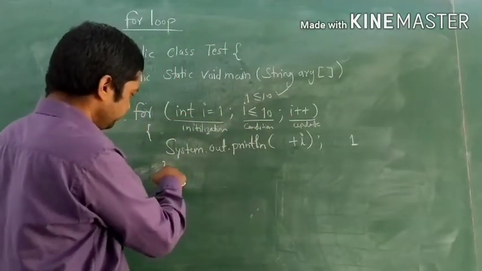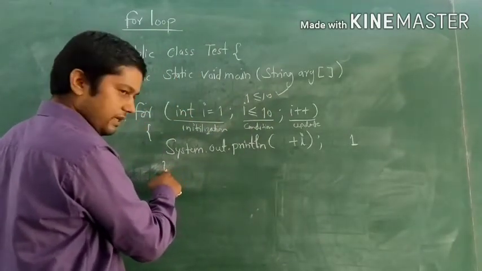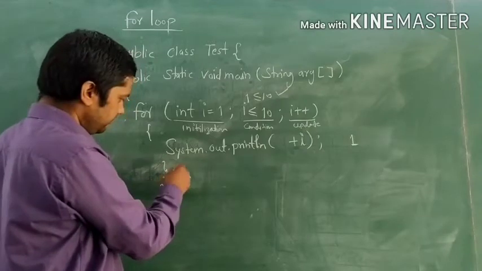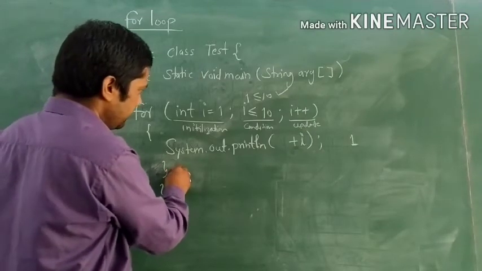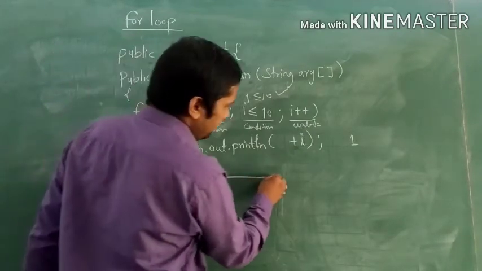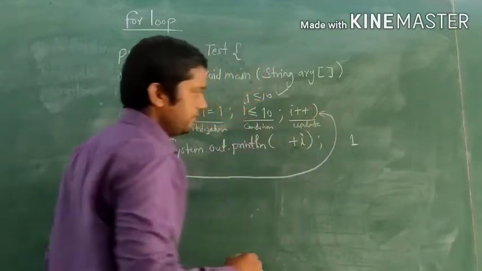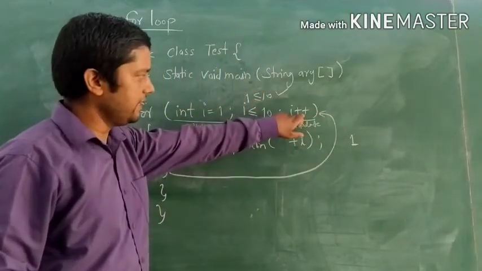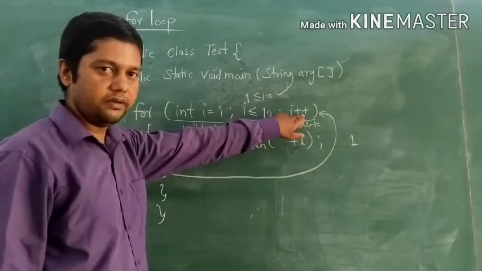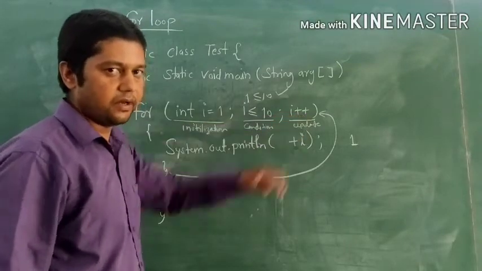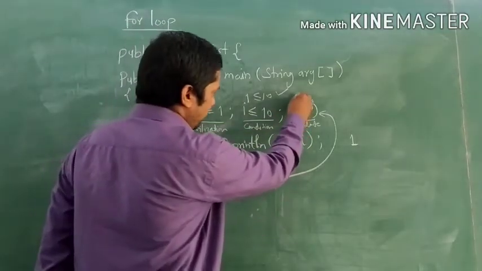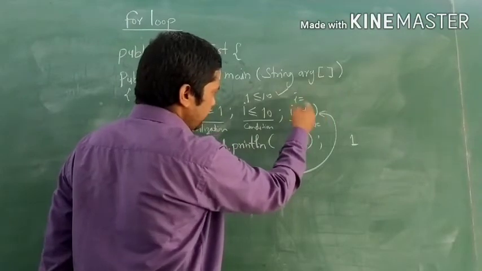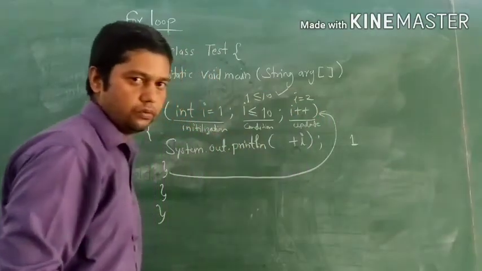Now the compiler will go back to the condition. It will increment the value of i by 1, which means now the value of i equals 1 plus 1, 2.